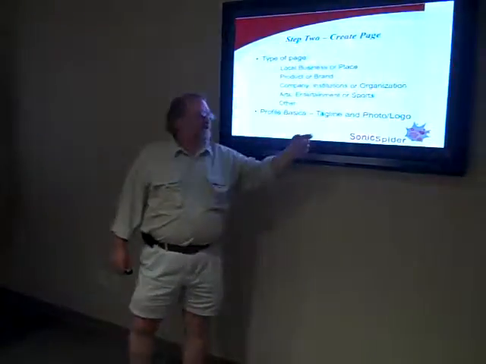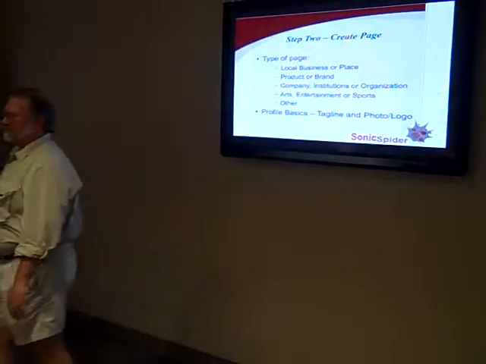They're really interested in this being oriented not to the person, individual, but in terms of some entity. Okay? So you select one of these, and the business profile basics are very simple. A tagline and a photo or a logo. And you're done. That was easy. Okay? So you're all ready to go. Well, not really. You've got a lot of work to do, but at least you got the shell going.